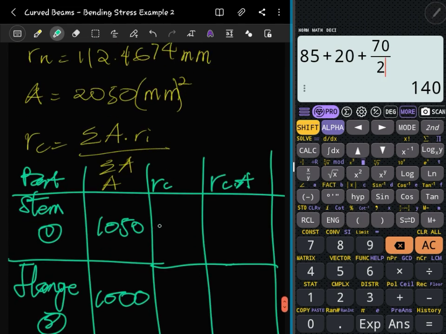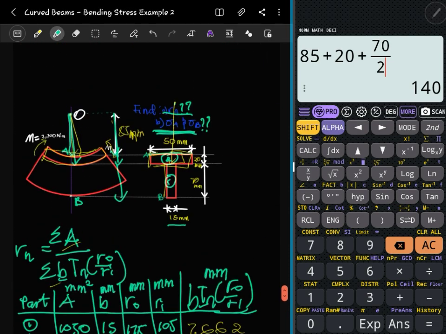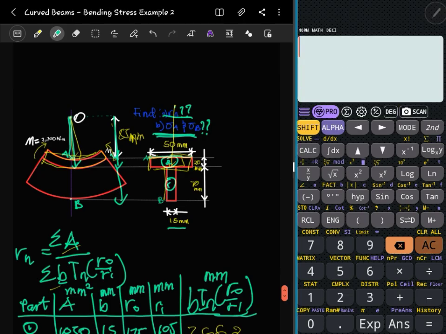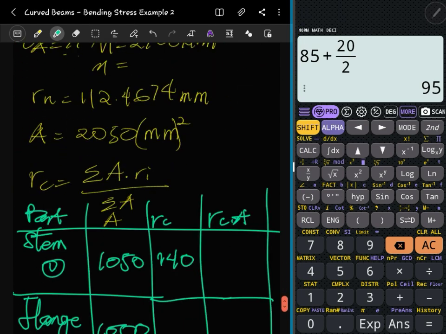For the RC, 140 to the center of the stem. And for the center of the flange, which is part 2, we just move 85 plus half of 20, and that gives us 95. That's 95 here.